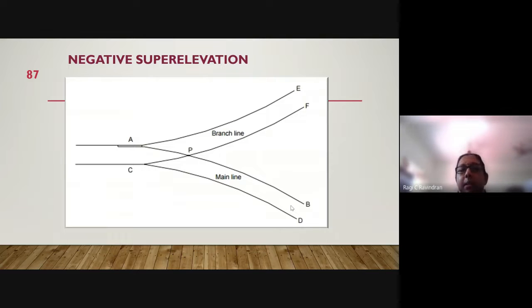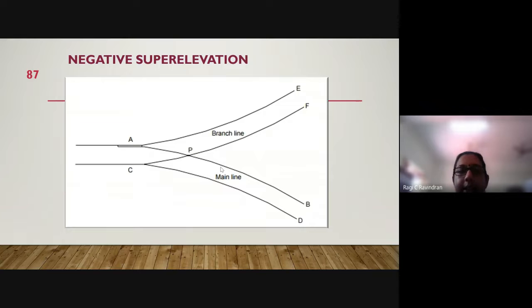Now here comes the next term, negative superelevation. Okay, so as you can see in this figure, a single line track, a main track, is approaching, right? And at this point, it is getting diverted into two tracks.